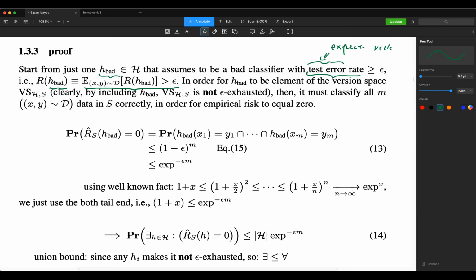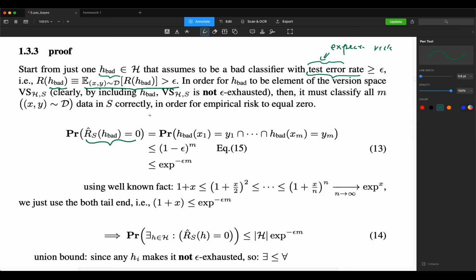We need to work out what is the probability that its empirical risk is zero. So how do you calculate the probability of an empirical risk equal to zero? It is the probability that every single pair of data has been classified correctly.